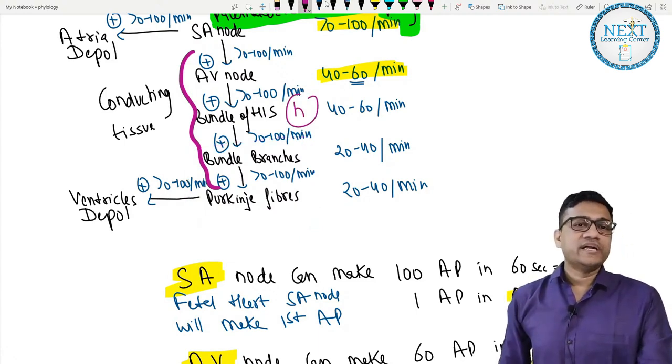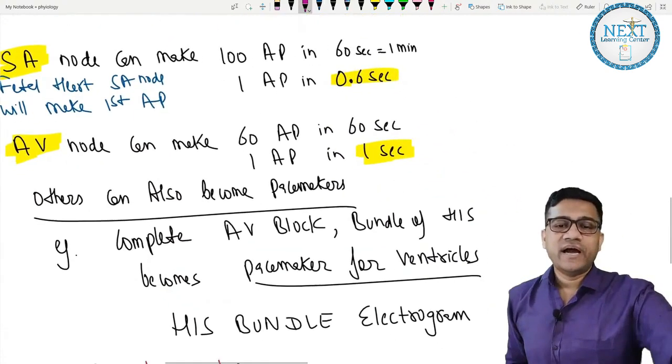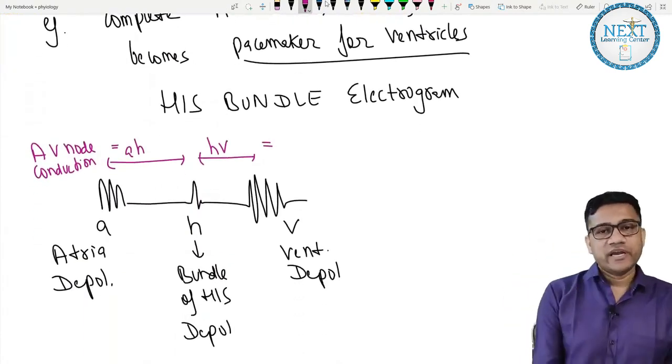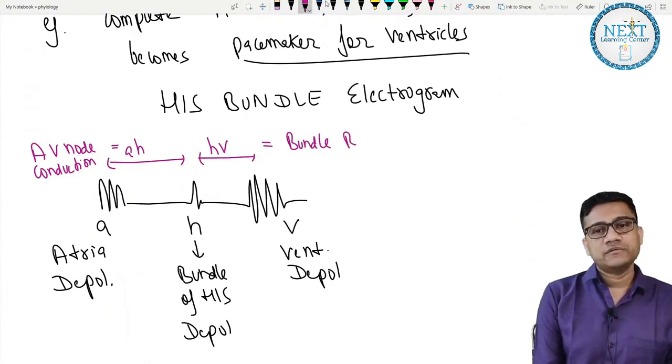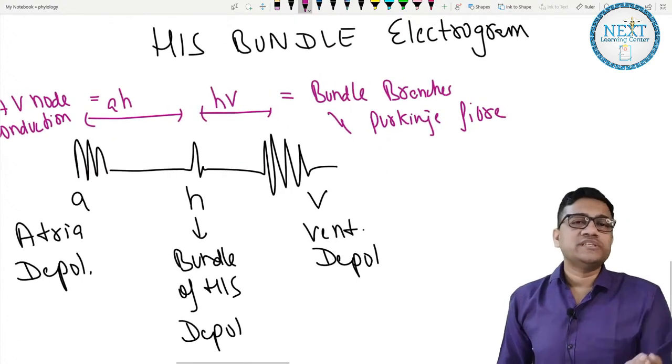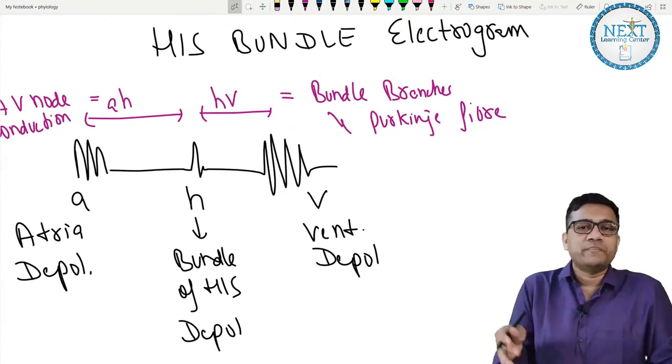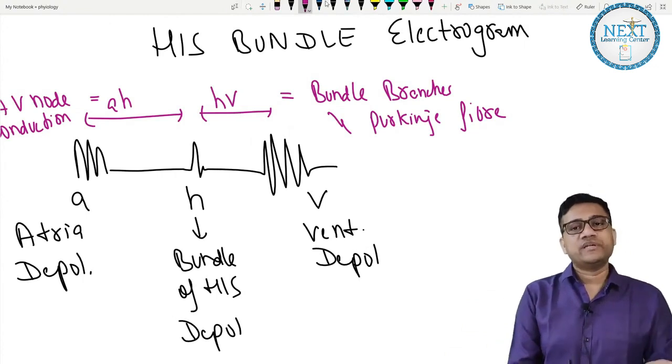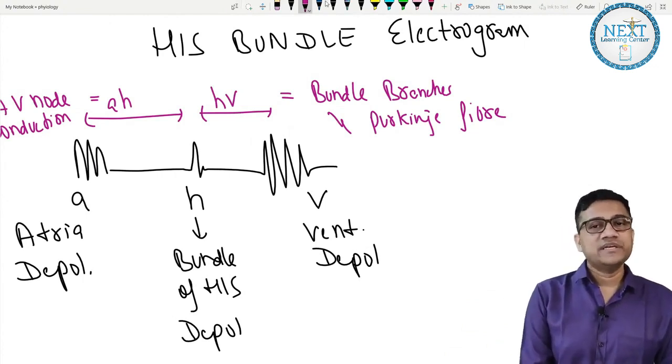So it indicates the conduction through bundle branches and Purkinje fibers. And remember, they are Purkinje fibers. So it is conduction.